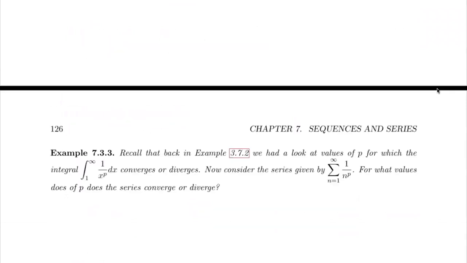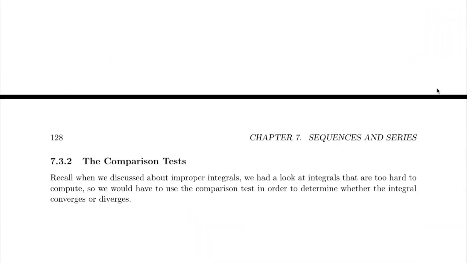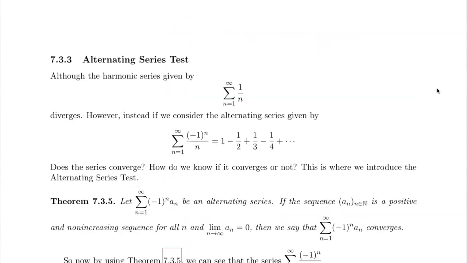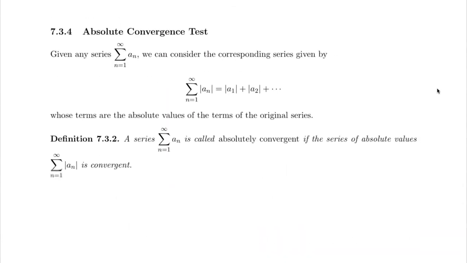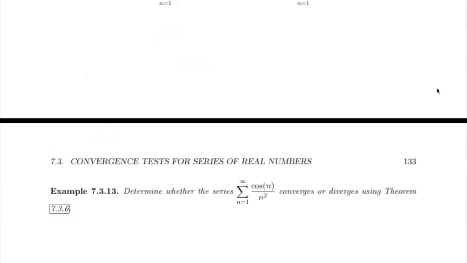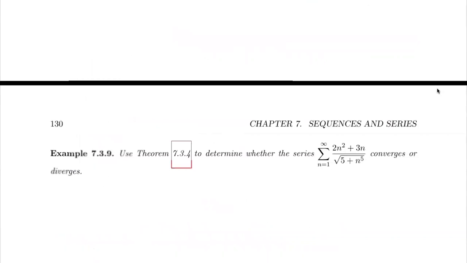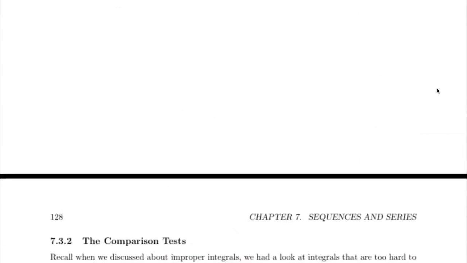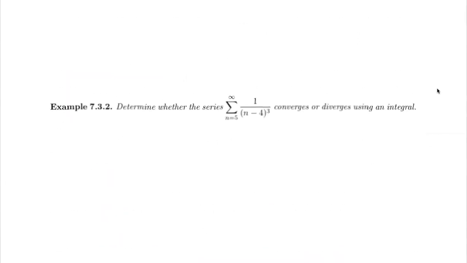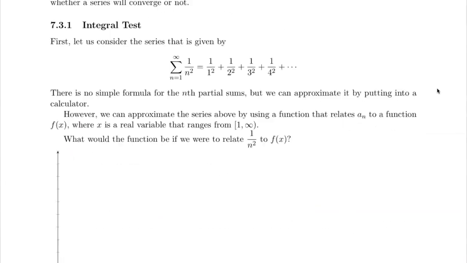The next part after the integral test is going to be the comparison test, and the alternating series, absolute convergence, ratio and root test. All that we will have a look at in the next lesson and maybe the lesson after. So this will come in about 2 or 3 videos to come.